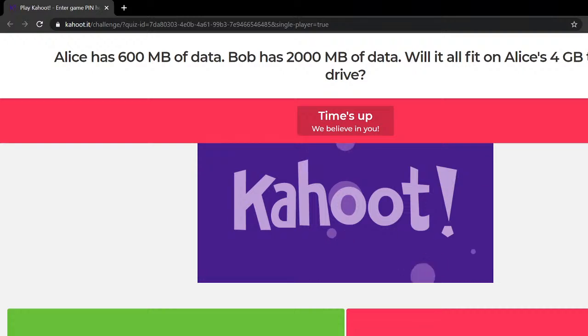If you move the decimal left 3 times, that would be going to the next level. That's like a quick cheat sheet. So if you convert 2,600 megabytes to gigabytes, that would be 2.6 gigabytes, which will fit on the 4 gigabyte drive.